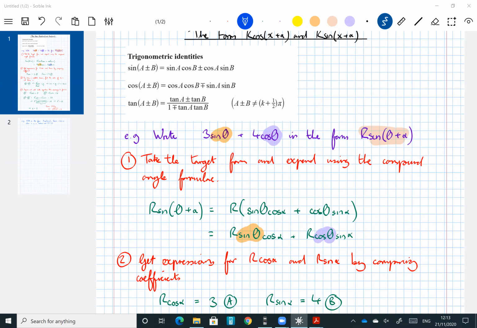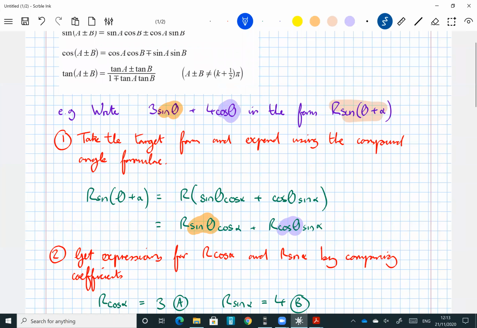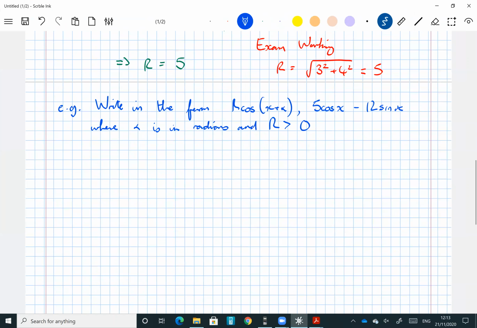Remember, this one is asked for alpha in radians. So if you've got a bit of a start on that, I'll show you what I would have done.